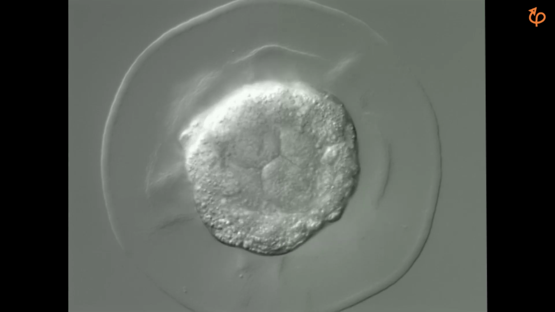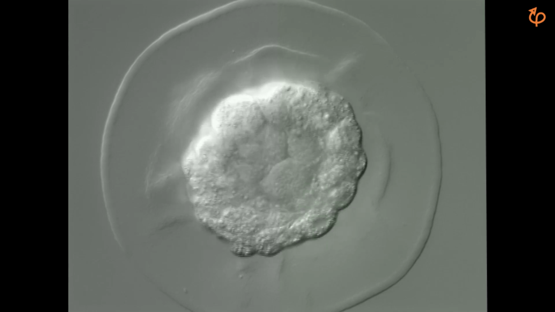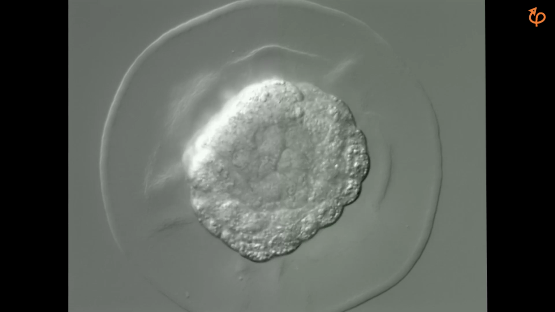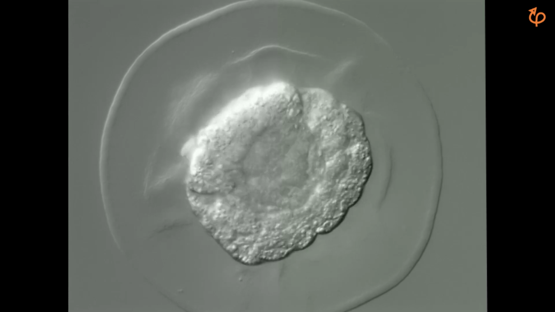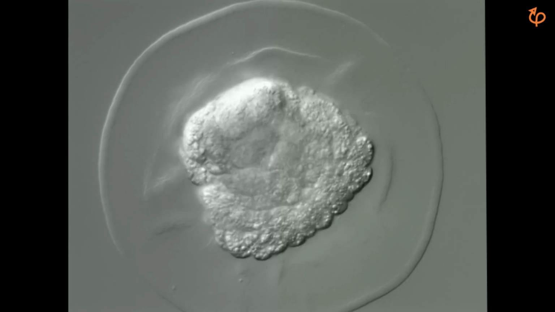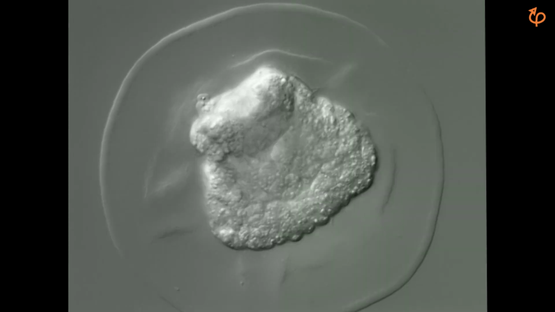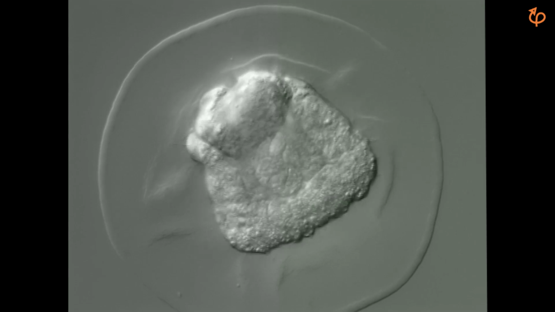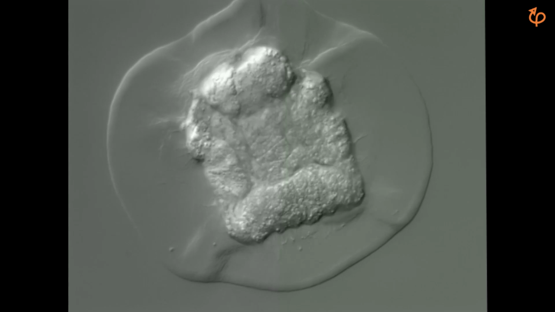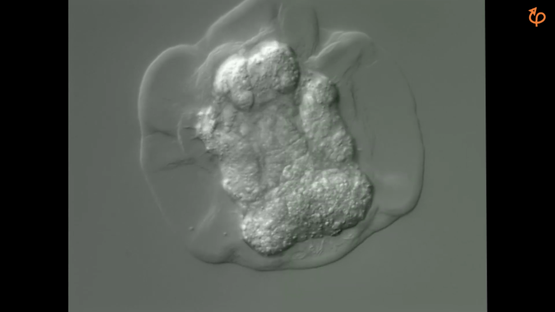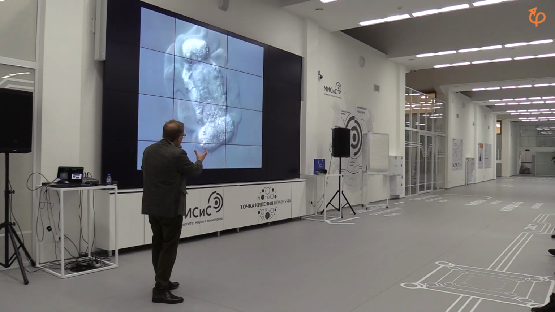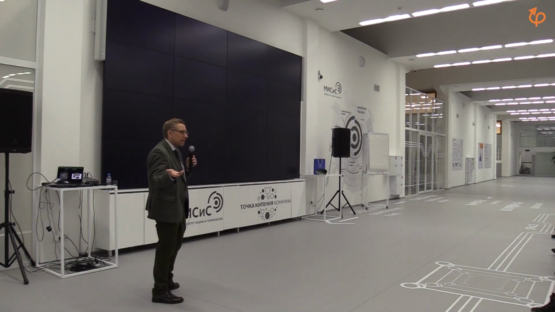And you have the internal cells already, and it continues with cell division after cell division. You also see the protective shell around this embryo, so that nothing bad happens to it. And this is what develops and hatches out of it. It is a larval stage, which is a dispersal stage, which is extending now, and then it swims away.